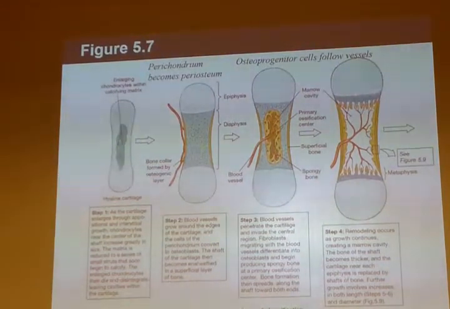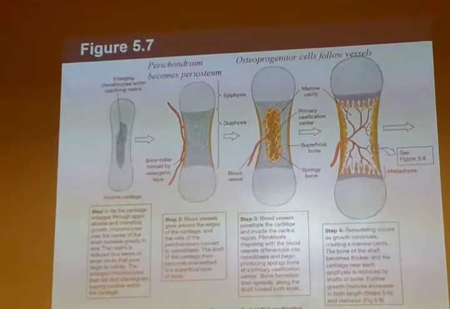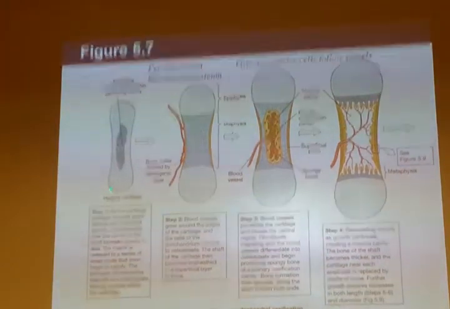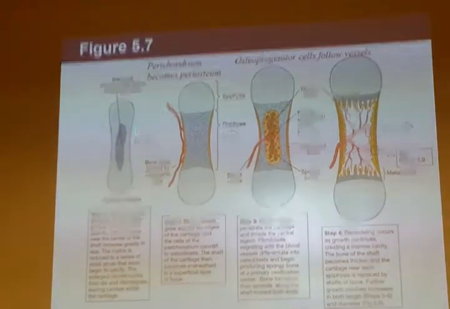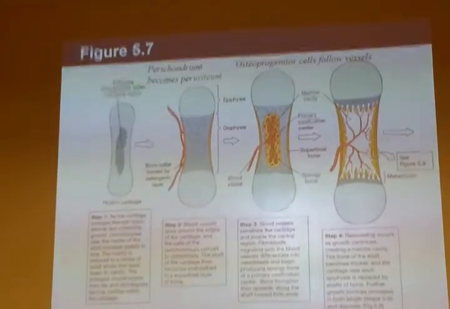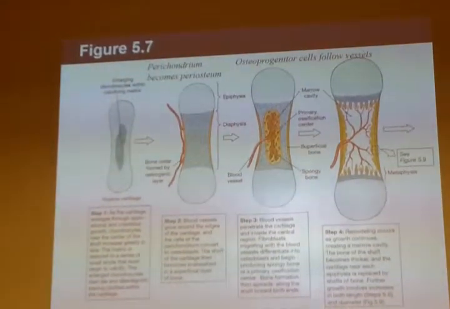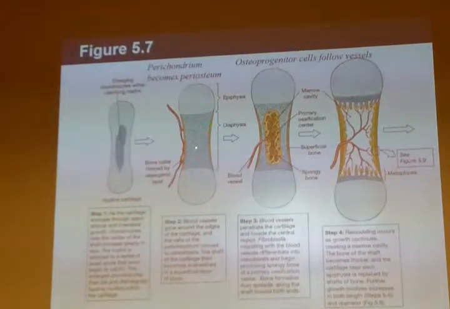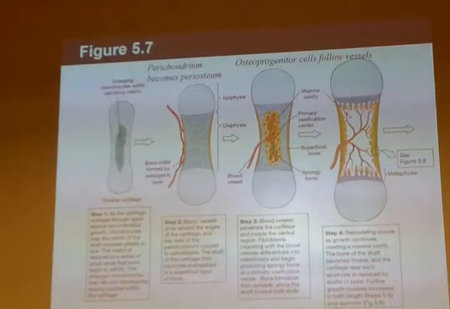So cartilage model first. Cartilage will secrete a substance that keeps the blood vessels out, prevents them from coming in. Soon as you kill enough cells, then the blood vessel can penetrate. This first one that penetrates is referred to as a nutrient foramen.